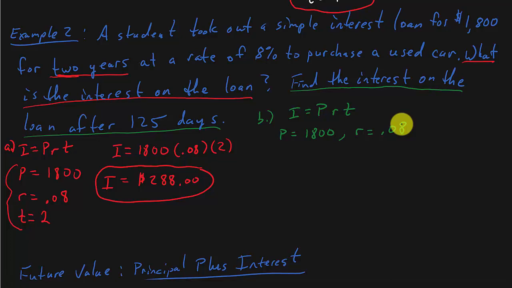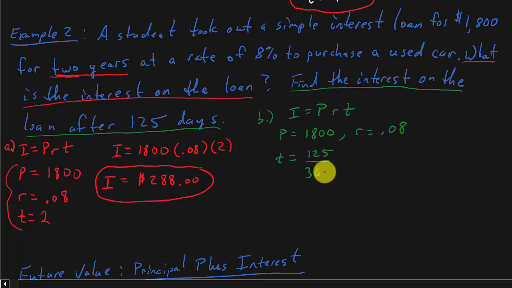Remember that T has to be in terms of years. So we've got 125 days, and how many days are in a year? 365. So you would have to represent T as 125 over 365.